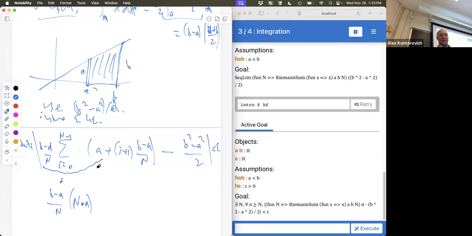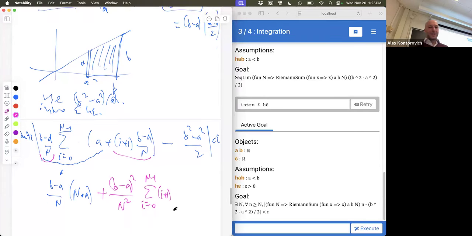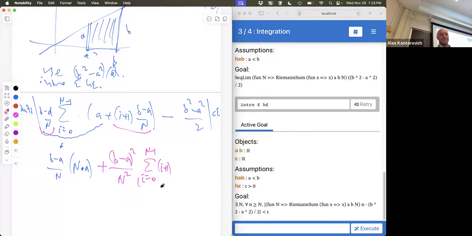And then, let me do this in another color, if I do this together with this stuff that gets added on, that's plus b minus a squared over n squared times a sum as i goes from 0 to n minus 1 of i plus 1. So sum from 1 to n. Now, what is this sum? Yeah, n times n plus 1 over 2. That's the beauty of this method.